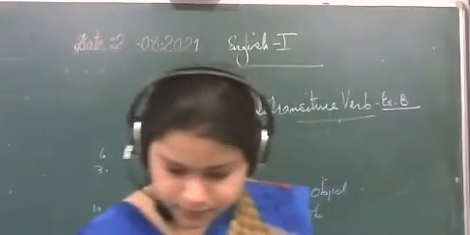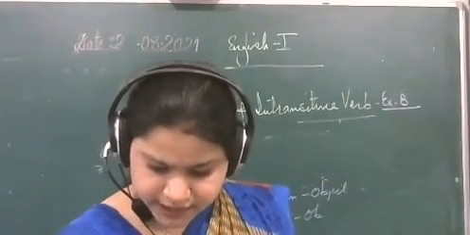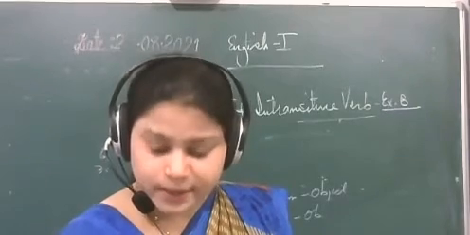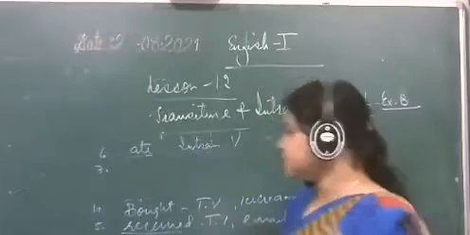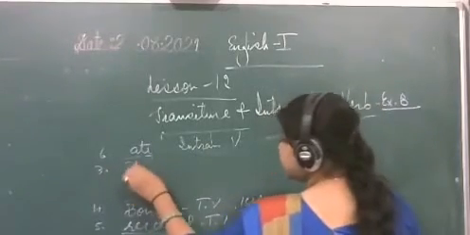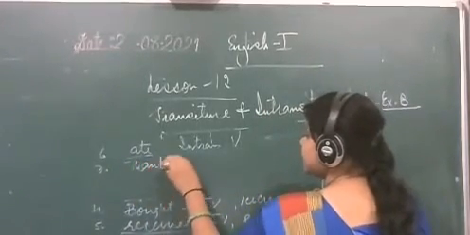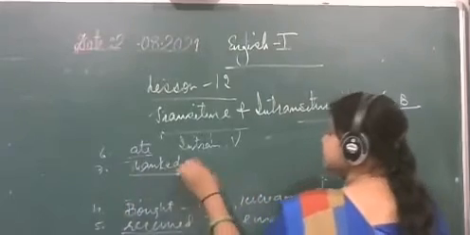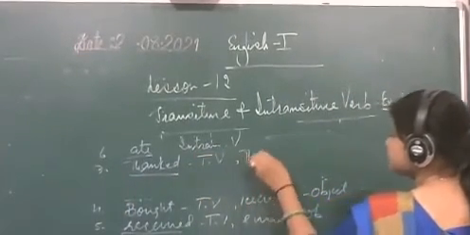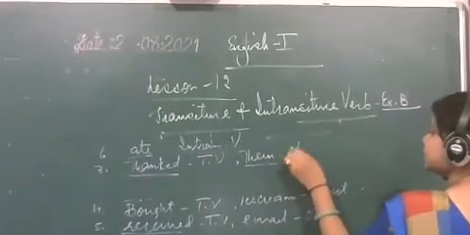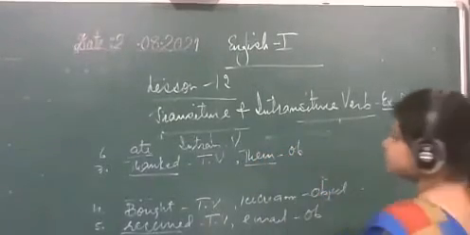Now we have seven: we thanked them for their help. So thanked and them. Thanked is a transitive verb and them is the object. It is an indirect object. Okay.